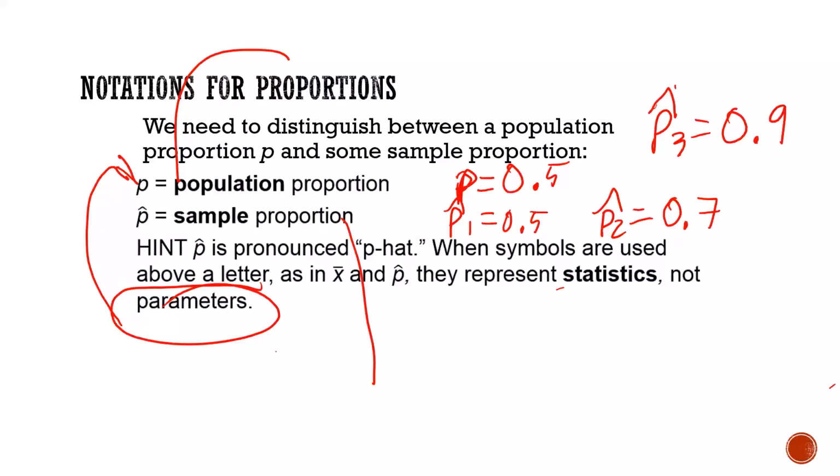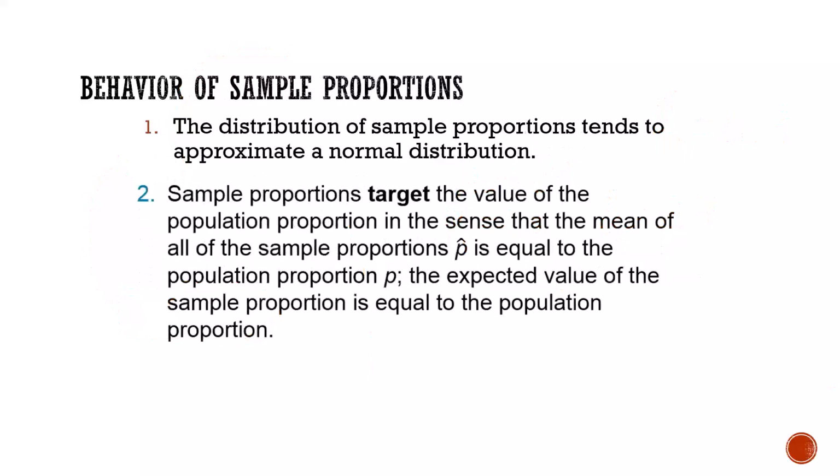So here's something that's cool. If you have all of the sample proportions, if you have every different group of a particular size, especially with n being higher, the distribution of sample proportions will approximate a normal distribution. And that approximation is better the larger the group sizes are.